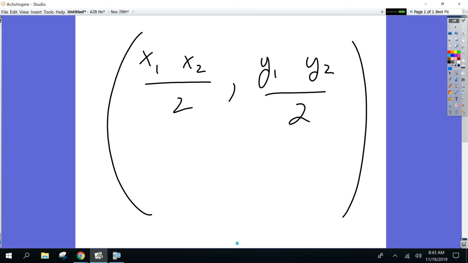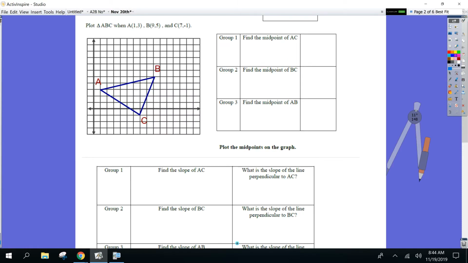Don't know where that came from. You add the coordinates and not subtract them. That was a huge issue yesterday. So go ahead, find the midpoint of your side, please, and be ready to report back on it. You might want to check with people around you.